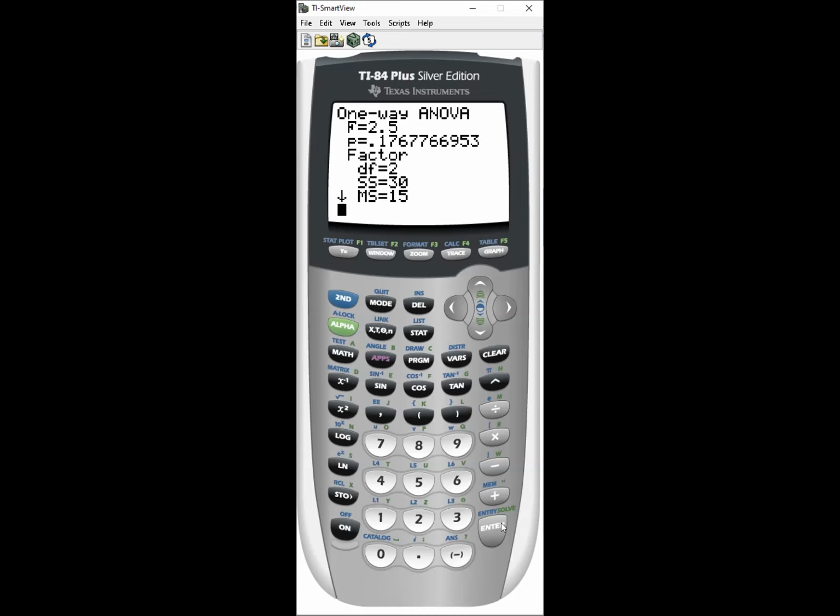You can call it group, treatment, or population, then error and total. What was the first column? Degrees of freedom. The next, sum of squares. Next, MS, mean squared. F. And lastly, P.